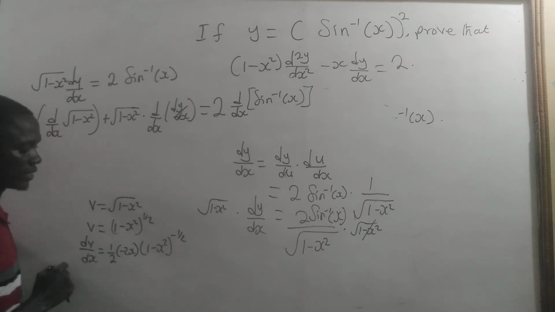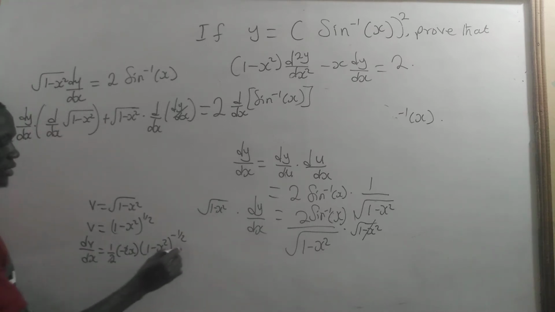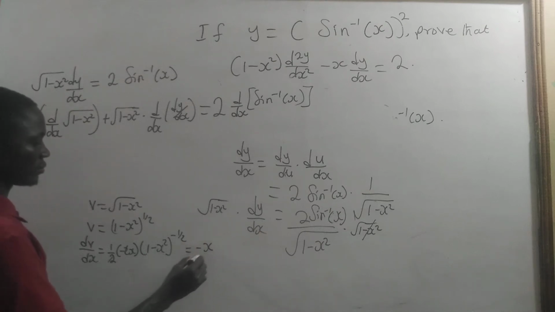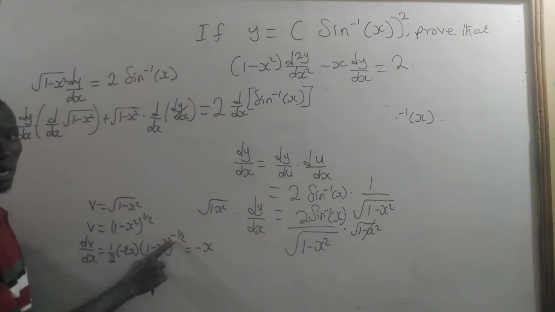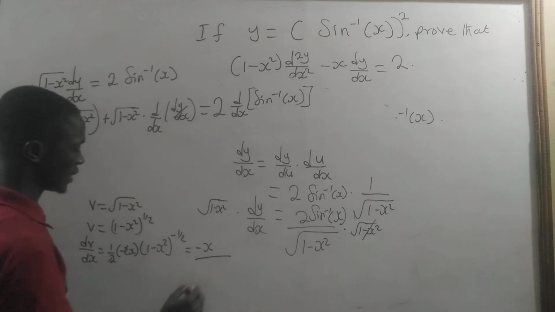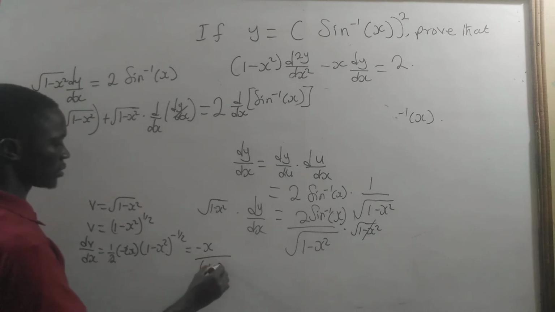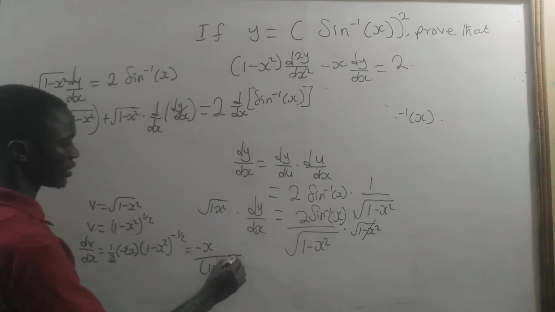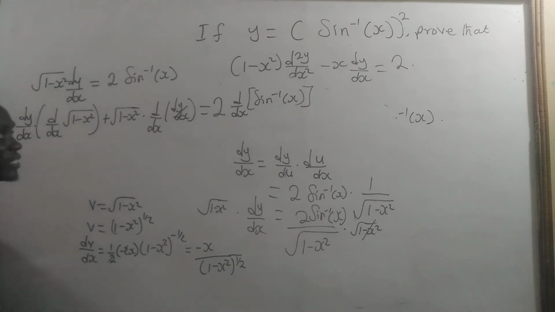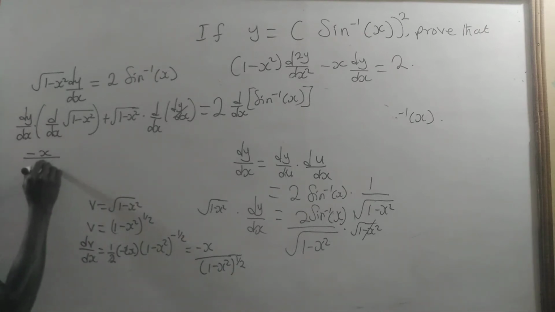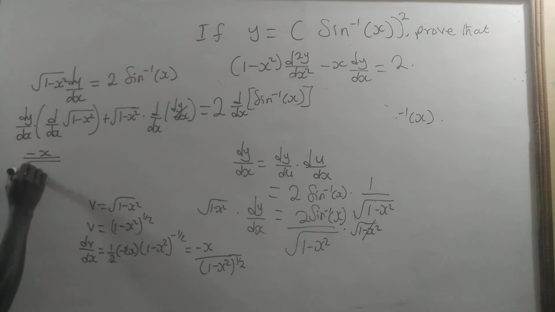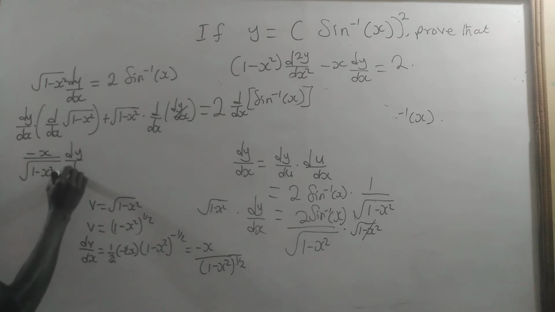Subtract 1 from this, we get this. So this will cancel this. We have minus x. Here we have (1 minus x squared) to the power negative, so we can take it down and make the power positive. Very simple as that. So here we are going to have minus x divided by square root of 1 minus x squared times dy/dx.